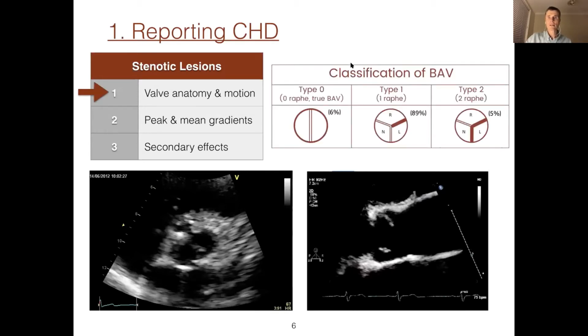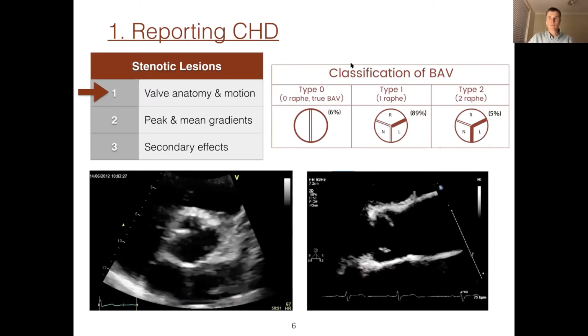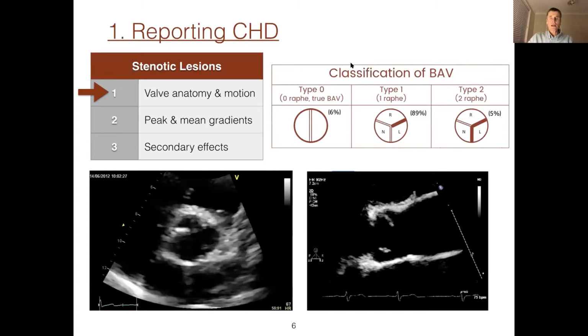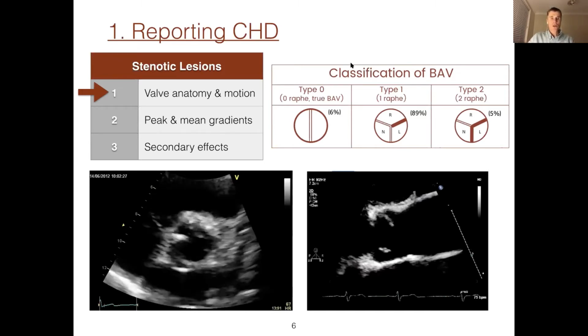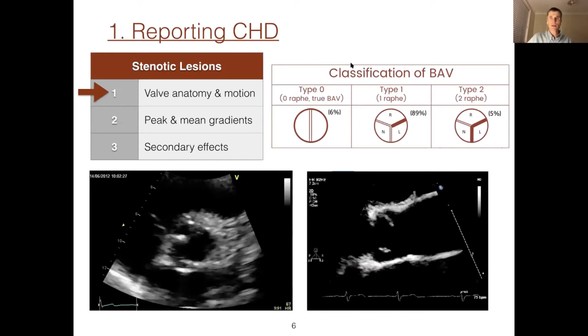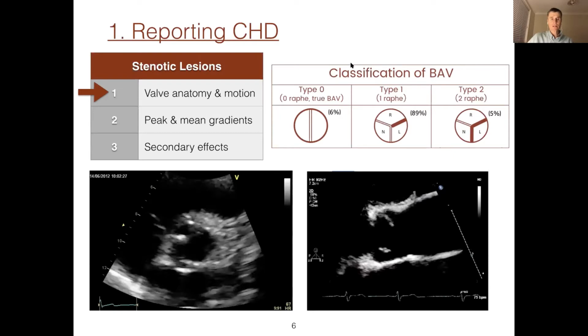So with regards to the anatomy, obviously you want to indicate, if you're looking at a bicuspid aortic valve, clear indications about that particular valve. As Kenny mentioned earlier on, oftentimes it's easiest to recognize a bicuspid aortic valve during systole.